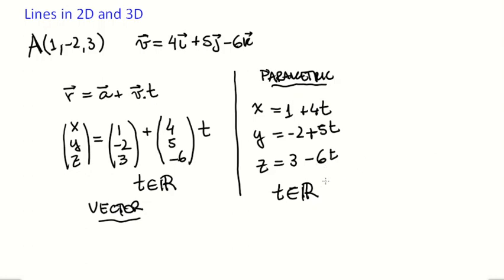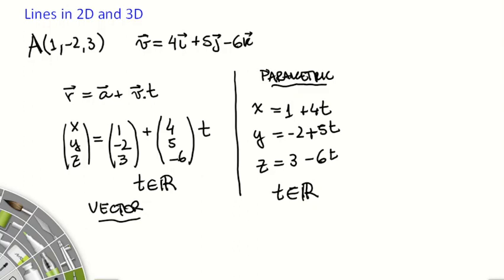One important aspect of those vectors that we have been discussing is that t is any real number, right? So what makes me choose, for example, this directional vector and not, let's say, twice those values?